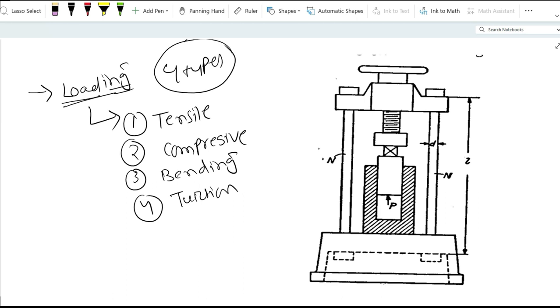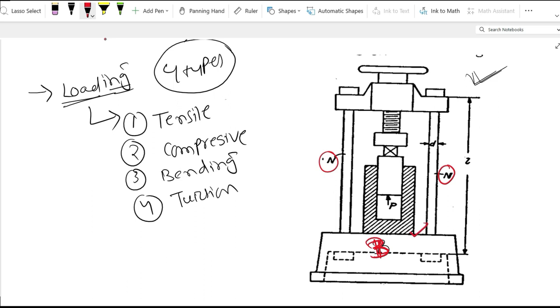So let me explain this loading with the help of this press machine. See this press machine, this is the base. Let me change the color of the pen so that it will be easy for you to understand. So this is the base, these are the vertical members, and they are fixed with the base.